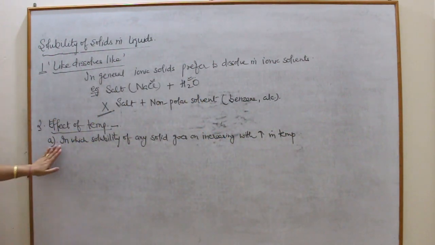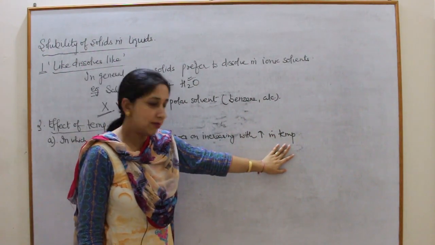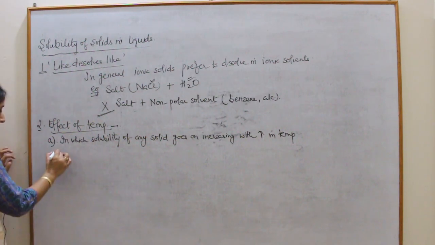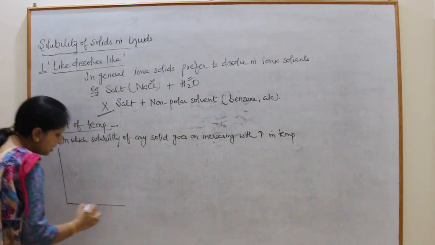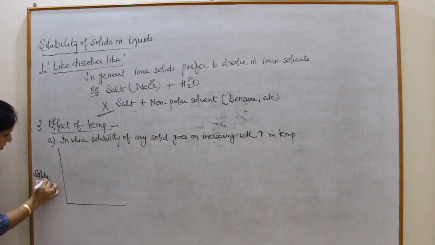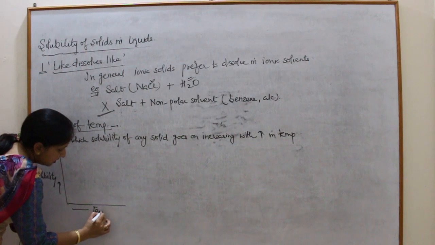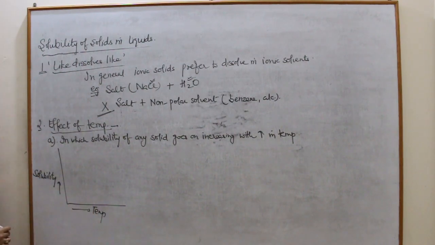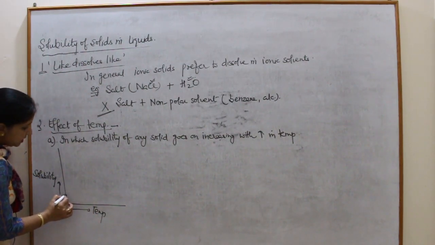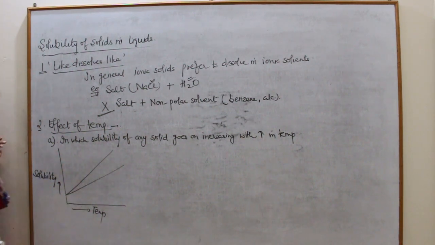So first we will take some examples in which the solubility of solid will go on increasing with increase in the temperature. For example, we can show it graphically also. Let it be solubility and here it will be temperature. So there are certain substances in which there is somewhat this type of graph.